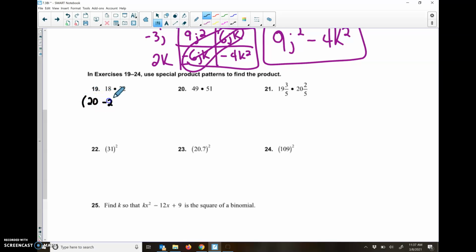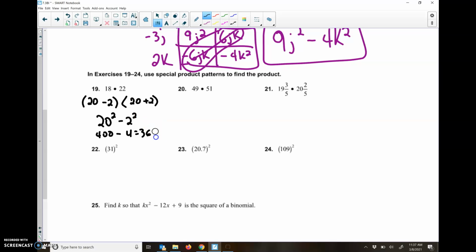So if I do 20 minus 2 times 20 plus 2, really 20 minus 2 is 18, 20 plus 2 is 22, so I just wrote it a little differently. That's the same as 20 squared minus 2 squared. 20 squared is 400, 2 squared is 4, and that gives us 396.